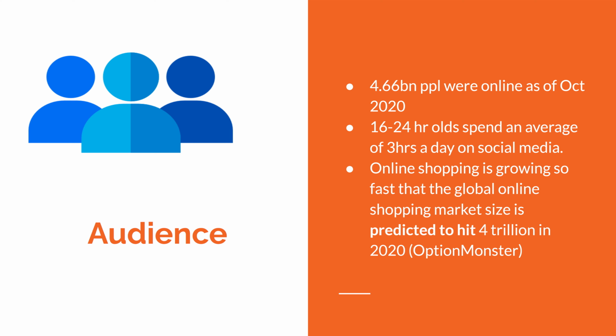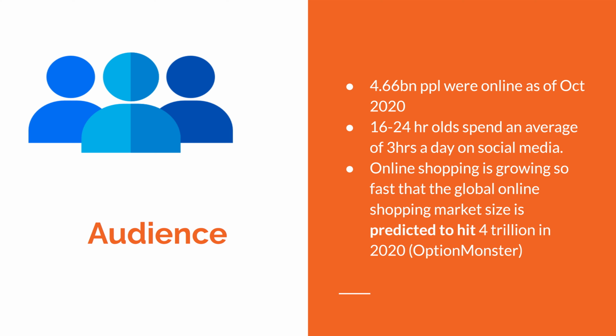All right. Some key takeaways on the audiences that are online. There were 4.66 billion people online as of October 2020, and 16 to 24-year-olds spend an average of 3 hours a day on social media.